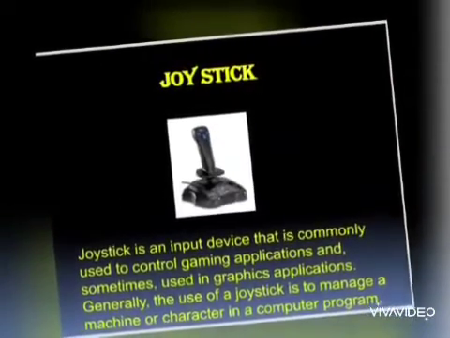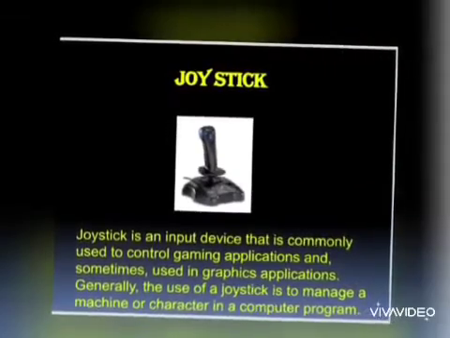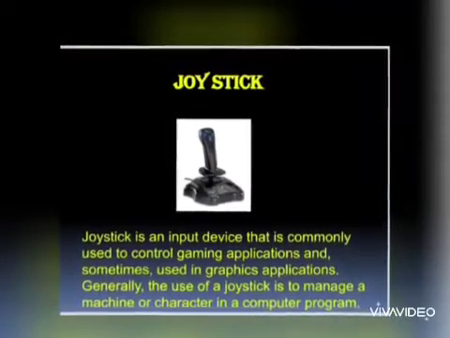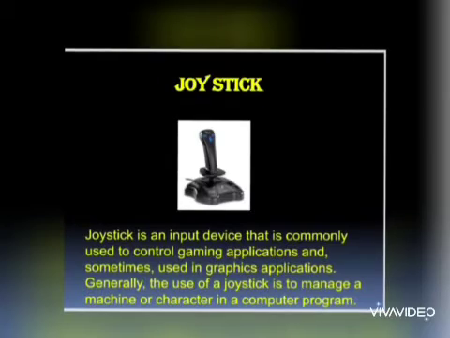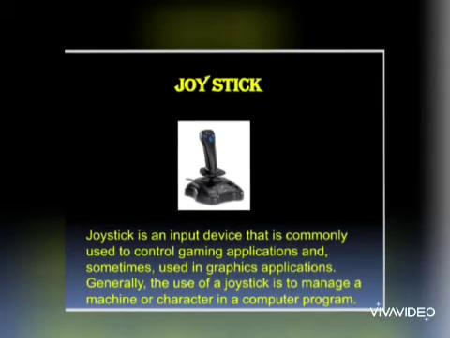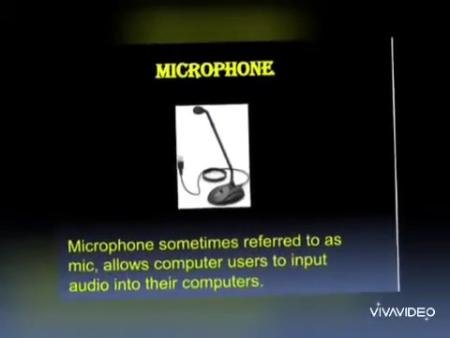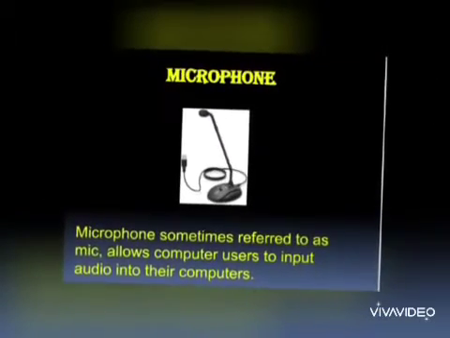Joystick. A joystick is an input device that is commonly used to control gaming applications and sometimes used in graphic applications. Generally, the use of a joystick is to manage a machine or character in a computer program. Microphone.